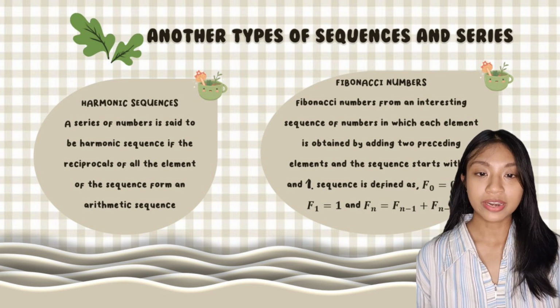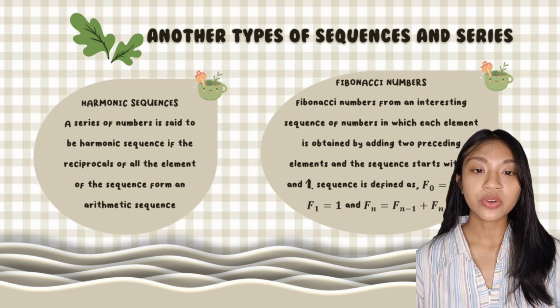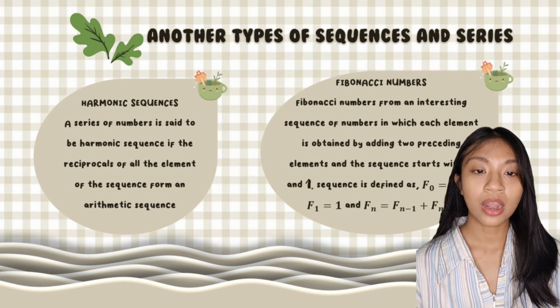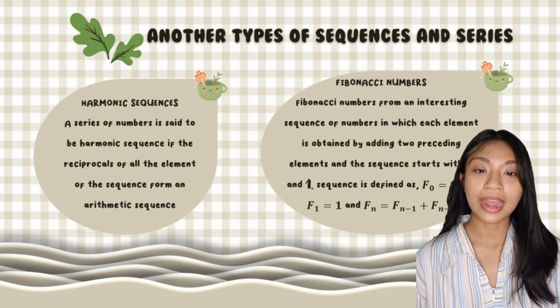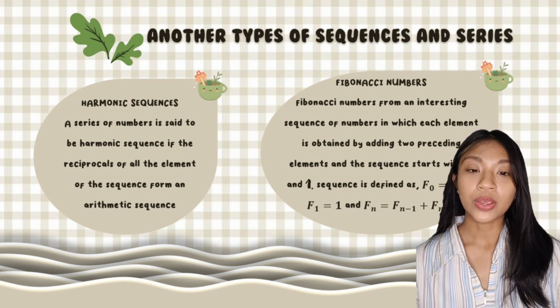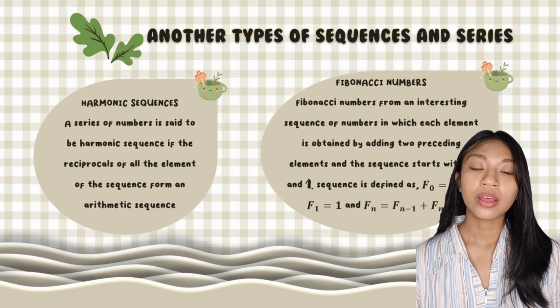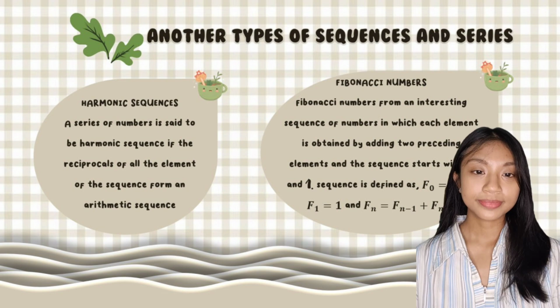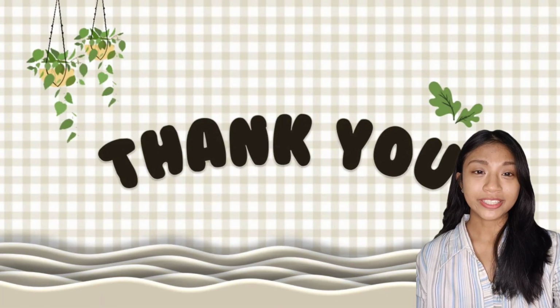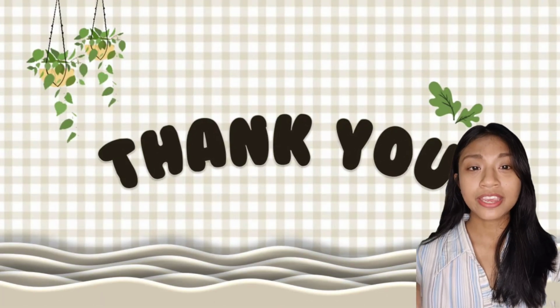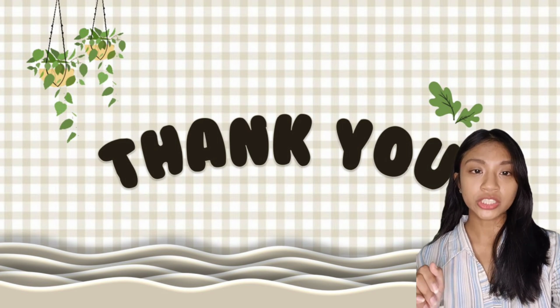The sequence is defined as F0 = 0, F1 = 1, and Fn = F(n-1) + F(n-2). Okay, well, that's all the material that I can describe on this occasion.